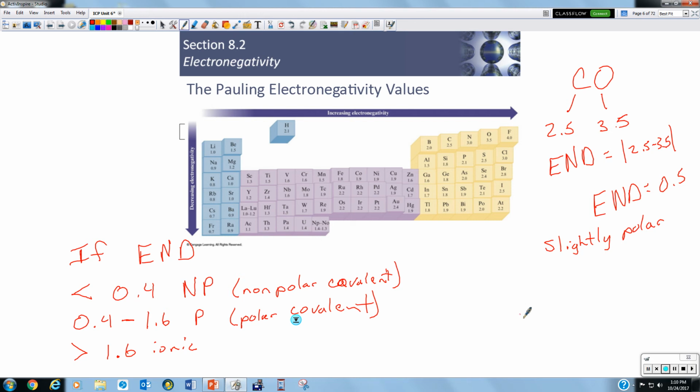All right. What about, let's use an ionic compound. So let's use sodium chloride, NaCl. What is the electronegativity of sodium? 0.9. And chlorine? Chlorine is a 3.0.